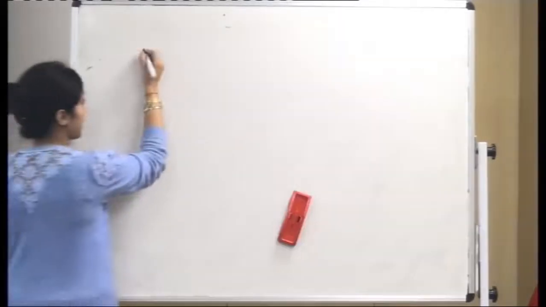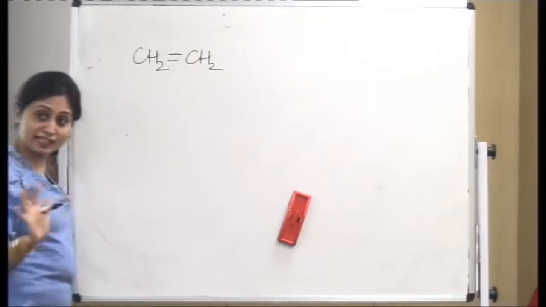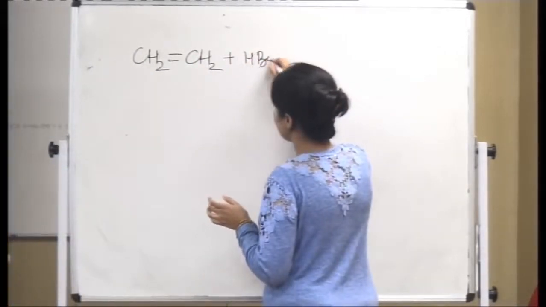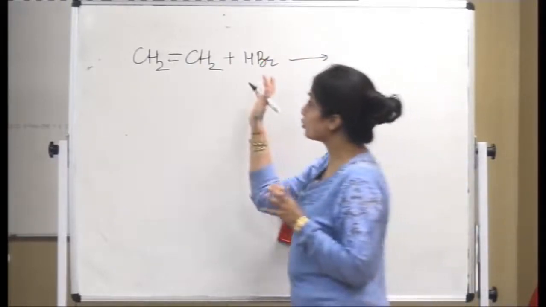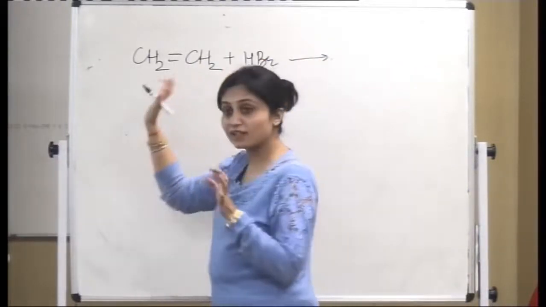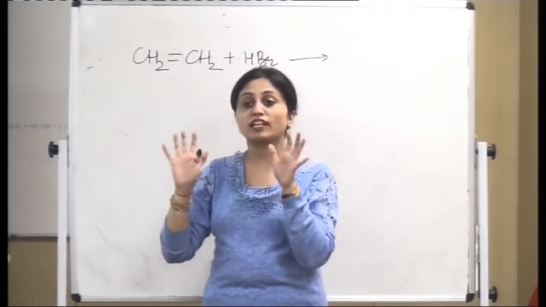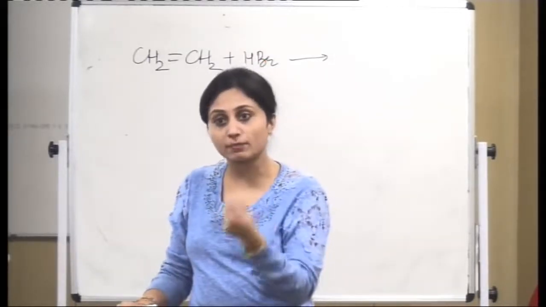And what else, from alkenes? See here, CH2 double bond CH2. This is your alkene. I add hydrogen bromide to it. Whenever you have a double bond, it's an unsaturated bond. What is saturated? One which has only single bonds. And what is unsaturated? One that has even a single double or triple bond.